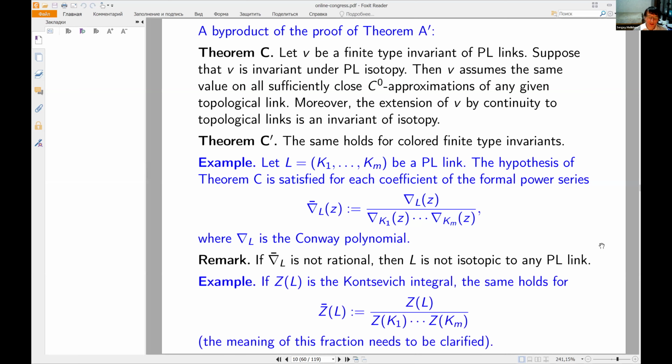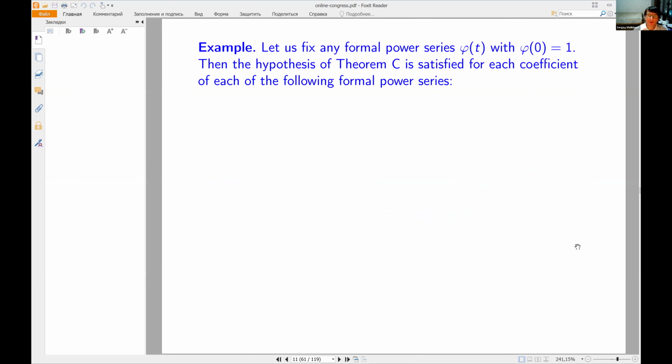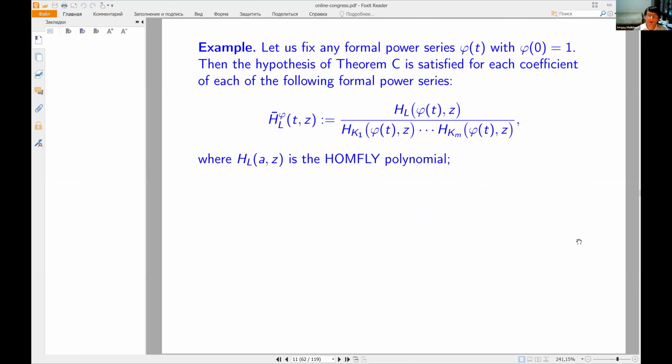You can also do the same for the Kontsevich integral. Let me not go into details. And you can also do the same for the HOMFLY polynomial, dividing the HOMFLY polynomial of the link by the HOMFLY polynomial of the components, except that you have to take an appropriate power series expansion so that you get finite type invariants in the numerator and in the denominator.